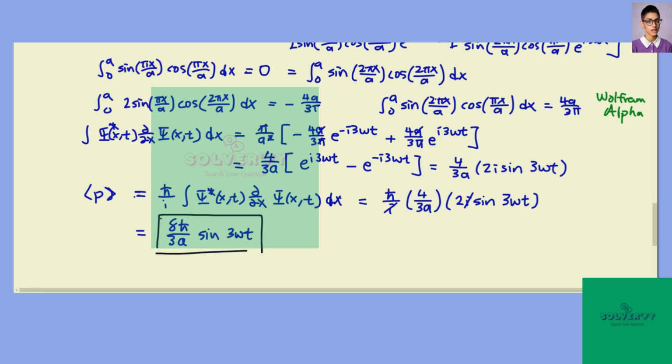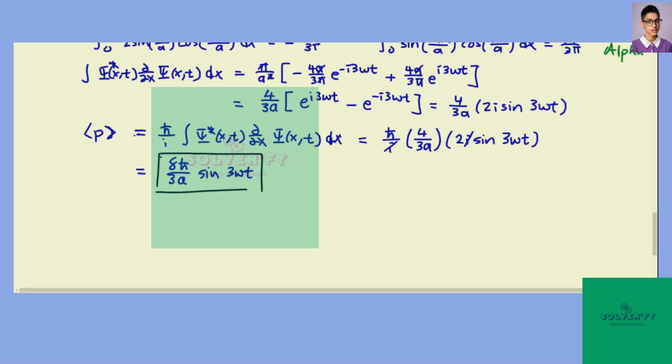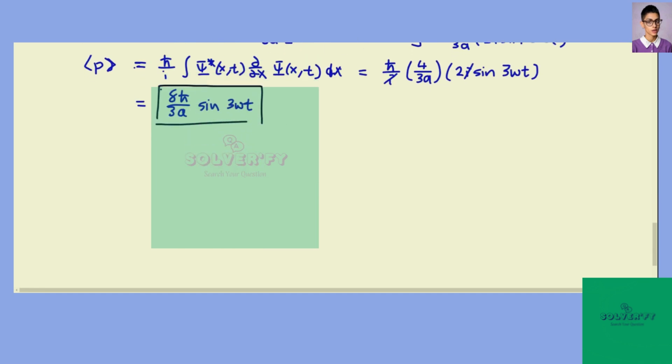Okay, in part E, we want to find the probability of getting each energy. So the probability of E equals E1 is half, and the probability of getting E equals E2 is also half.